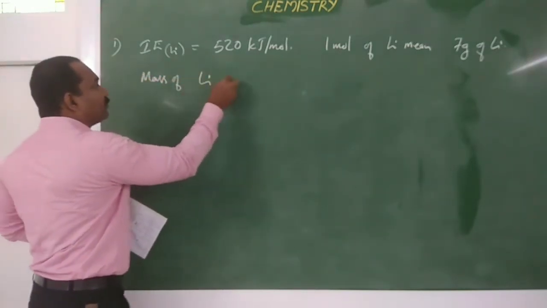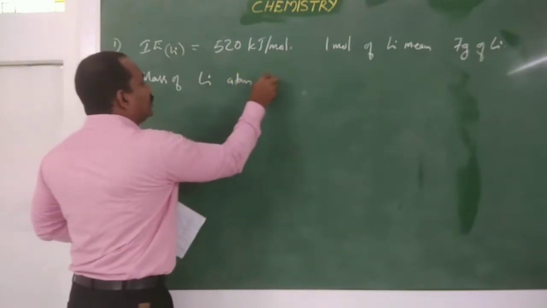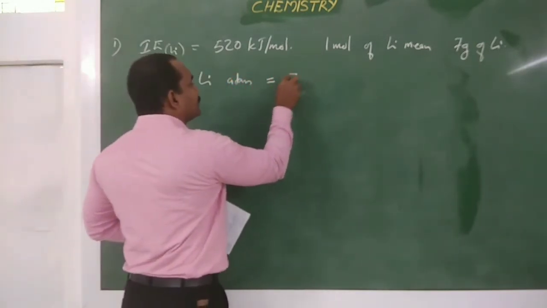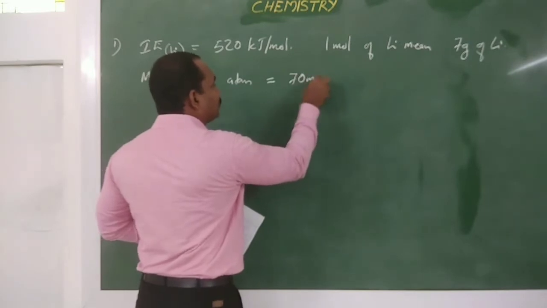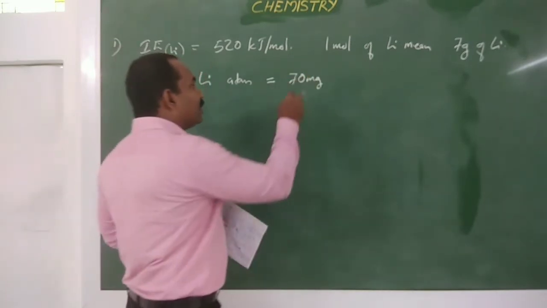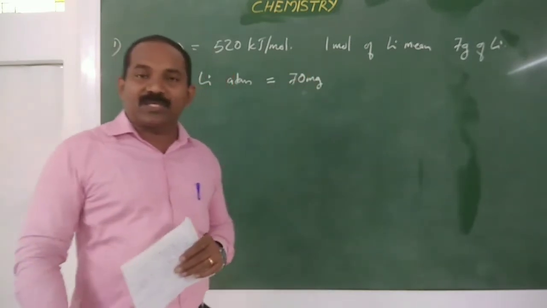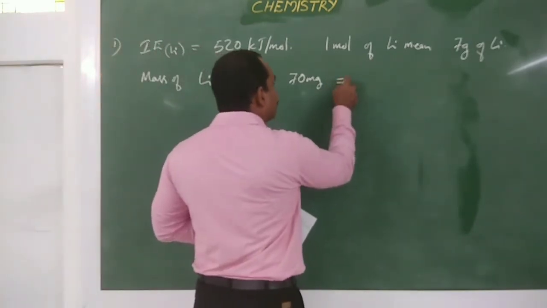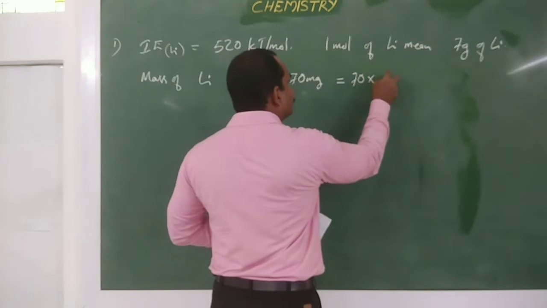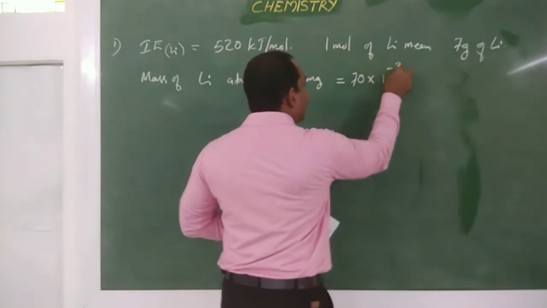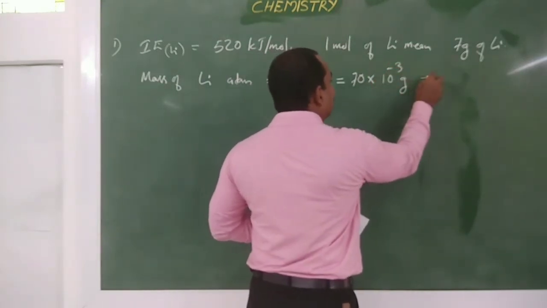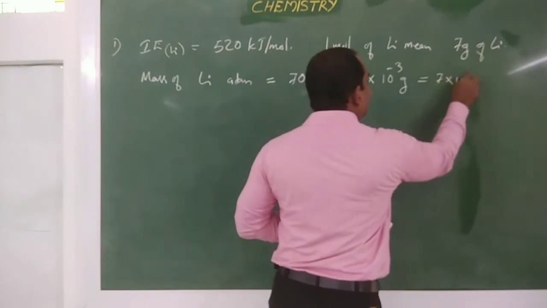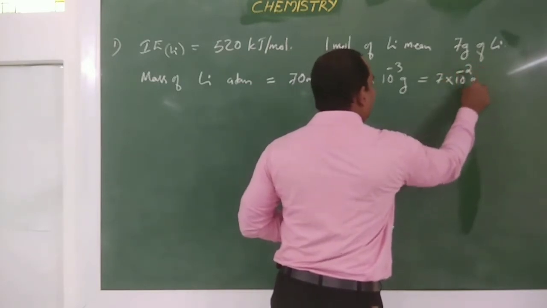Mass of lithium atoms is equal to 70 mg. 1 mg is equal to 10 raised to minus 3 gram. So it is converted into 70 into 10 raised to minus 3 gram, in standard form 7 into 10 raised to minus 2 gram.